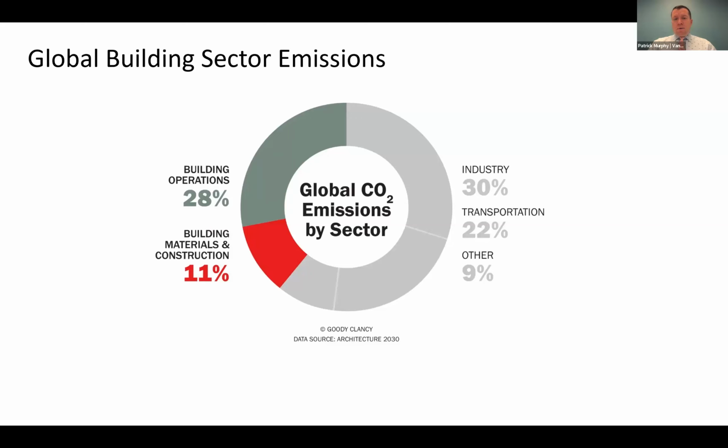Buildings globally are responsible for roughly 40% of total emissions. And of that, the majority is building operations. But when you think about it in the context of all of the existing buildings that are out there and operating, a sizable portion of that is building construction, which only happens at one moment in the life of a building.